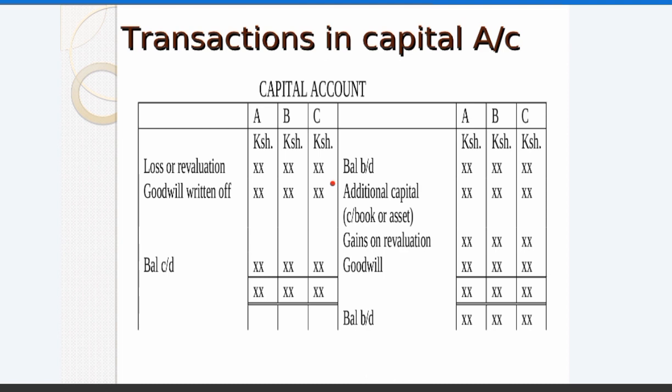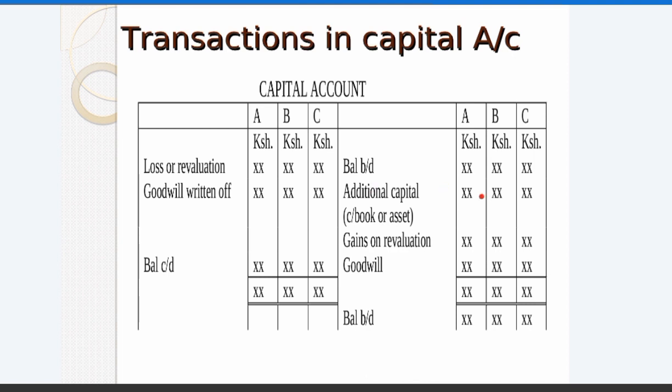And these capitals, as we said, are fixed. They don't change unless there is an introduction of a new partner or a retirement of an old partner. So what then can make that capital change, given that it is fixed?